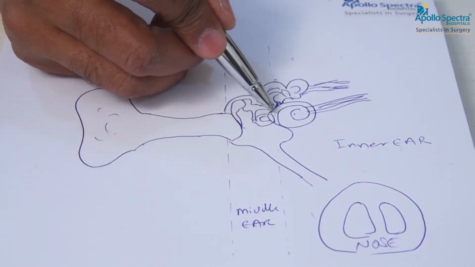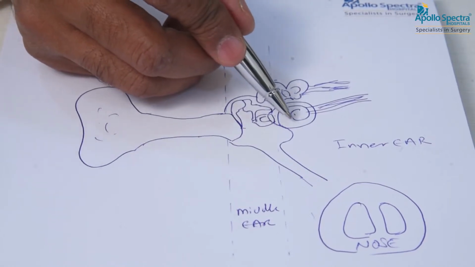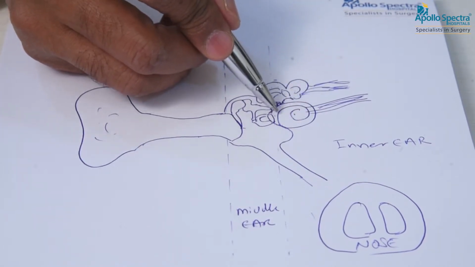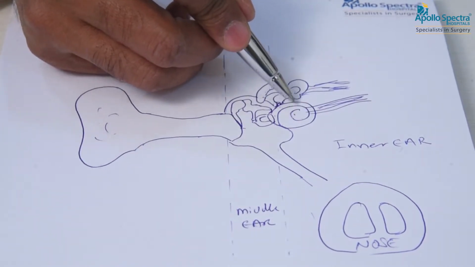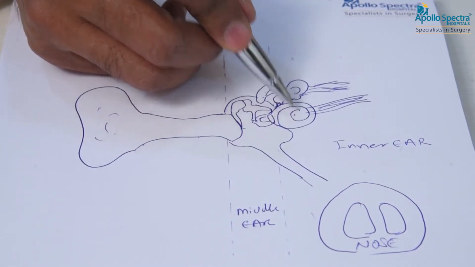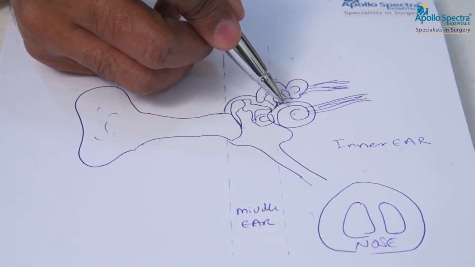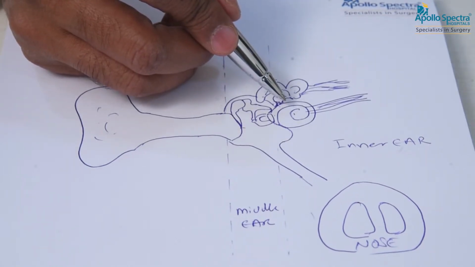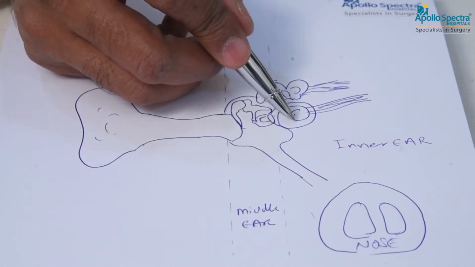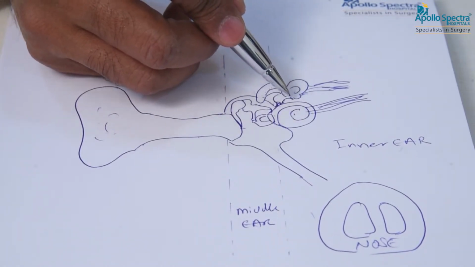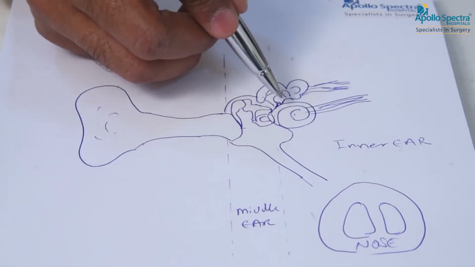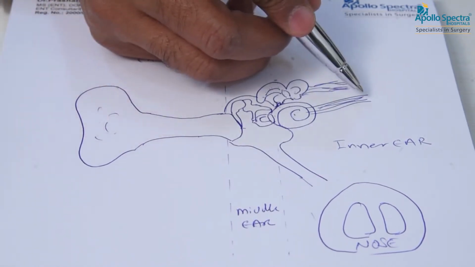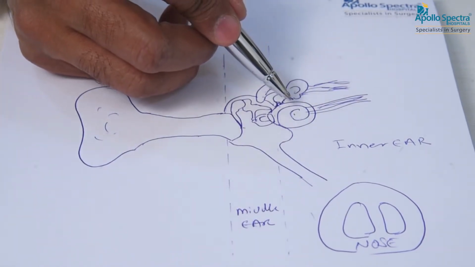Once the stapes vibrates in this direction, there is a fluid in the inner ear which will be set into vibration, and there are small filaments, around 32,000 filaments, which are responsible for hearing. There are different filaments located at different locations, and accordingly those filaments will transmit the information to the brain about the sound quality.